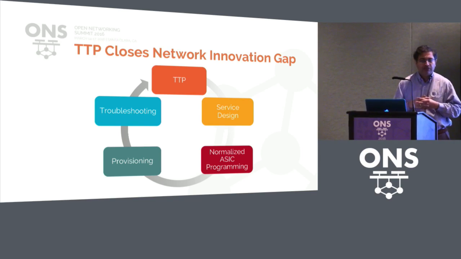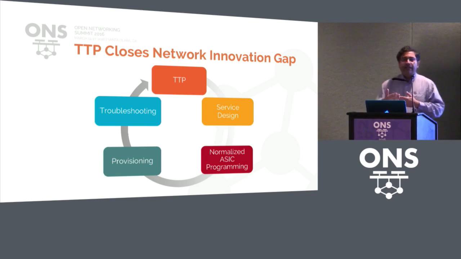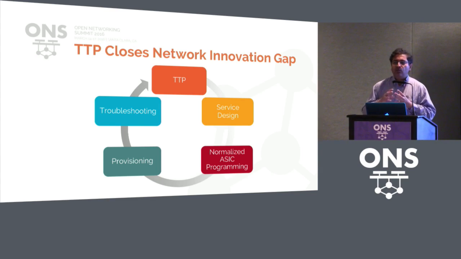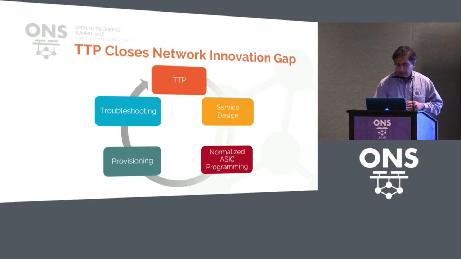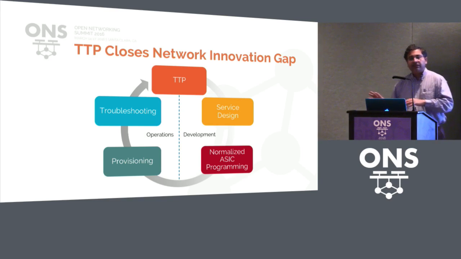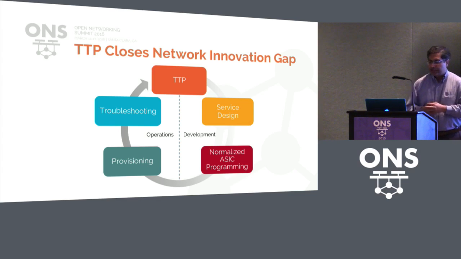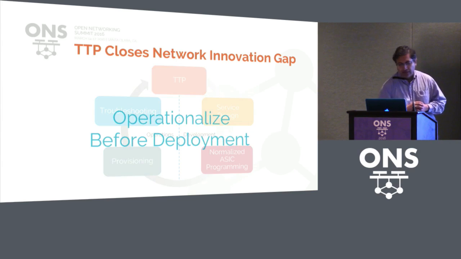That is the simplest form of TTPs. So effectively, TTP gives you a way to work and design your service and get it operational. So you have two aspects, the development side and the operation side, and you can pretty much devise all the process involved just using this simple ASCII file.